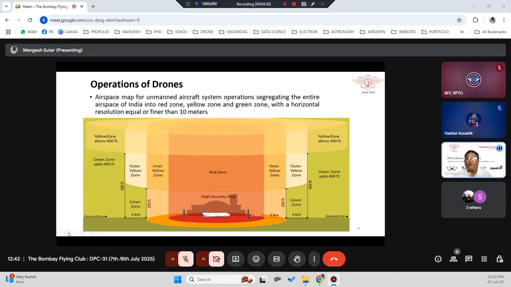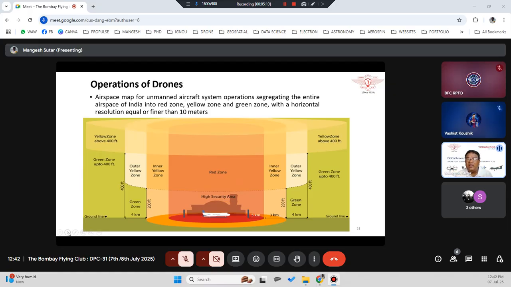From 8 kilometers to 12 kilometers, the area up to 200 feet is termed as green zone also. So within 8 to 12 kilometers, you can fly drones, but only up to 200 feet. Beyond 12 kilometers, you can fly up to 400 feet. But if you want to fly above 400 feet in a green zone, it will automatically go into yellow zone. So anything above 400 feet everywhere is your yellow zone.